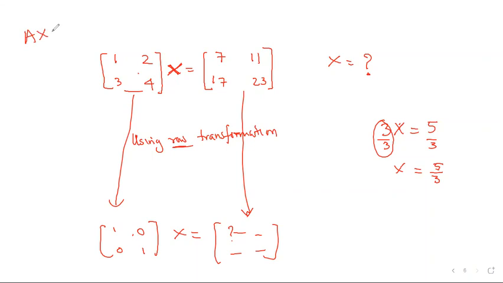Because in the matrix equation AX equal to B, I can change A and B. This unknown matrix will never change in row transformation. So even if I don't know it, no problem. I need to only change these two, converting A into a unit matrix. Then automatically my right-hand side will be the unknown matrix x. Is this concept clear?